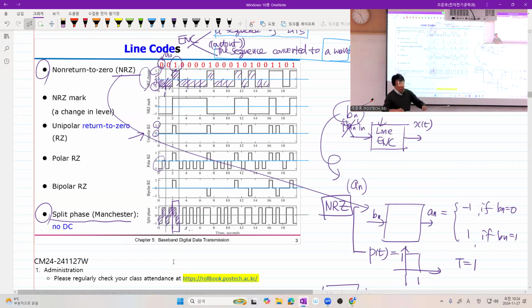So in communications, the bandwidth and some other property always have a trade-off relation. So if you want to have some better property, then usually, not always, usually you have to utilize larger bandwidth. So what would be the best case? Having the same bandwidth, you maximize some other nice property.